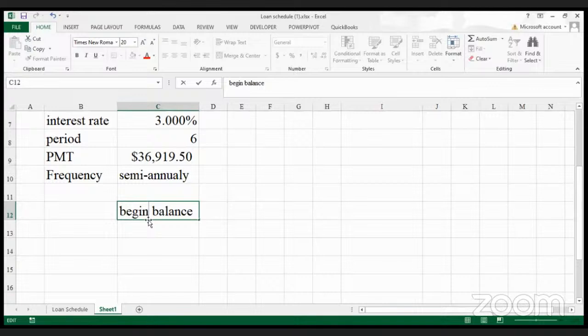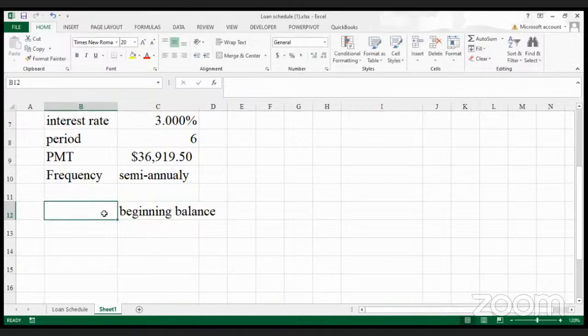But before we start with beginning balance, let's look at what we call period. There is something here that we must have, period.